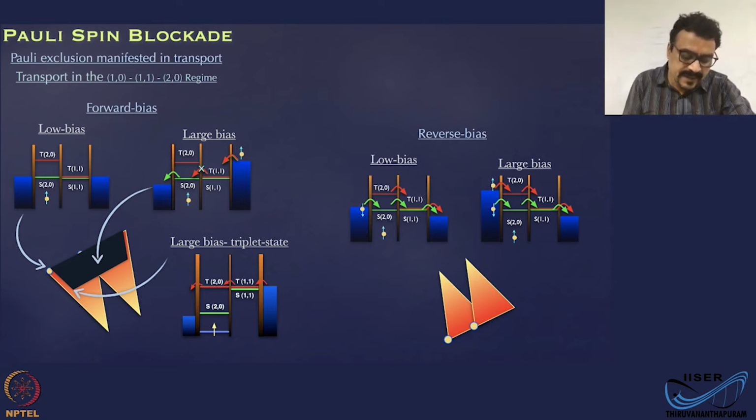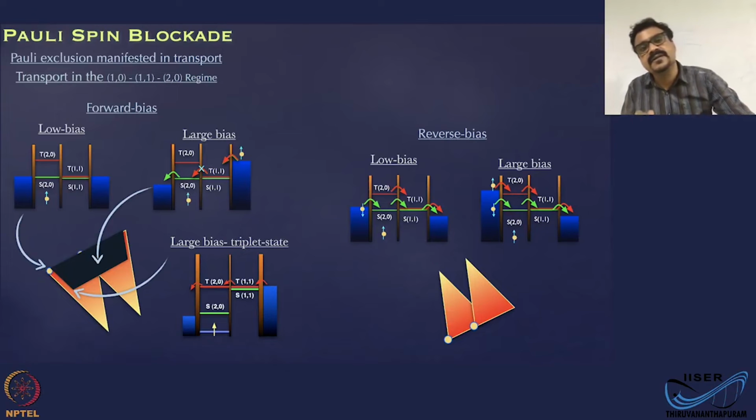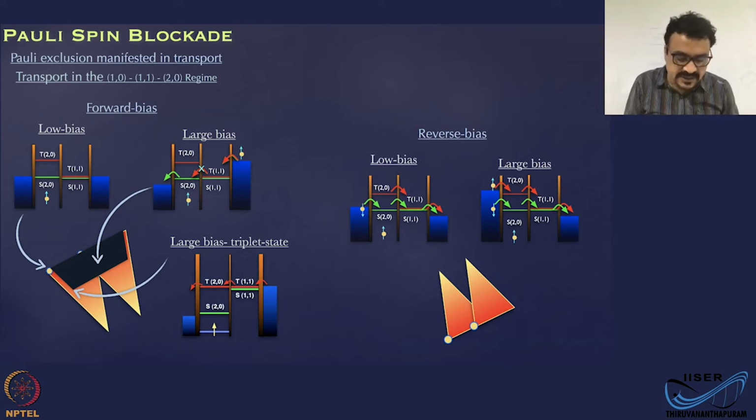It is the manifestation of Pauli's exclusion principle in transport property and happens in a tunnel coupled few-electron double quantum dot system in the transport regime of 10, 11, 20.